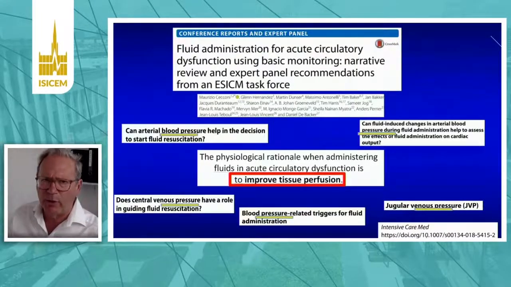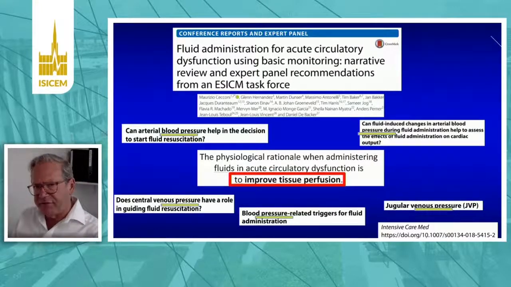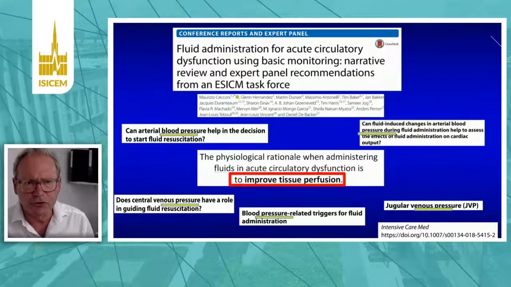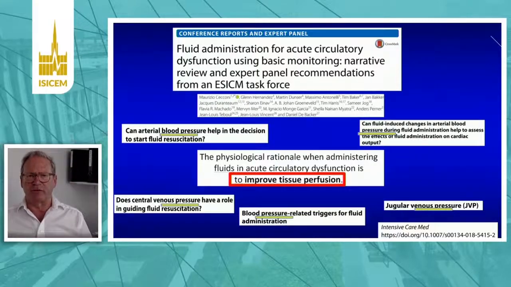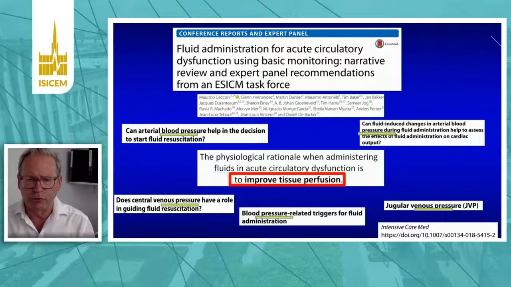And if we look, however, at all of the recommendations and descriptions in the many papers describing shock and resuscitation, we see that there are various surrogates for improving tissue perfusion, like blood pressure, but that the ultimate rationale for administering fluids, for example, or vasoactive compounds, is to improve tissue perfusion.